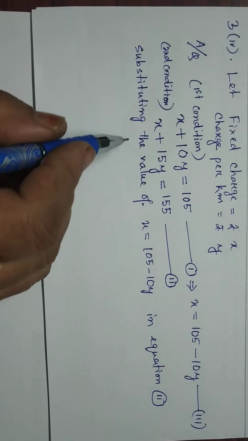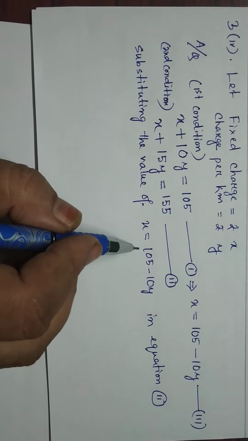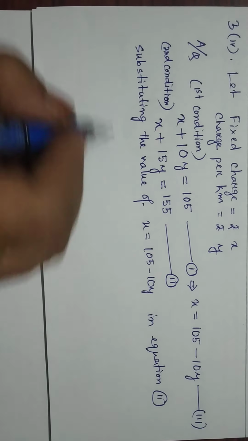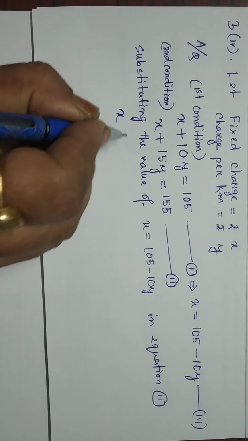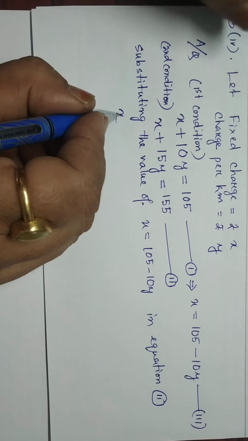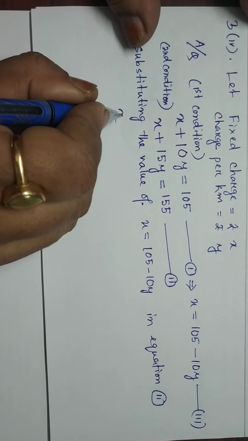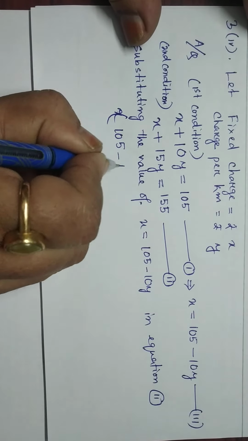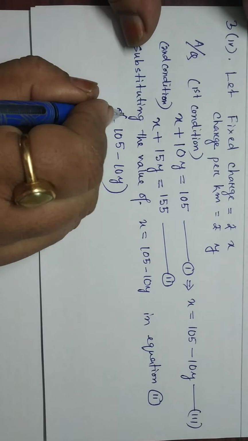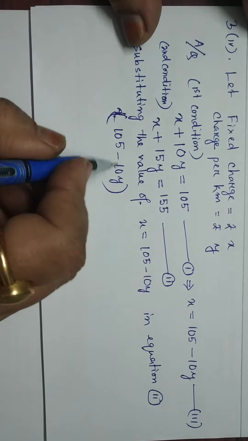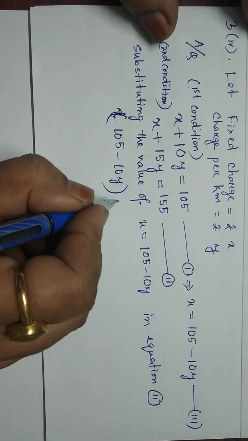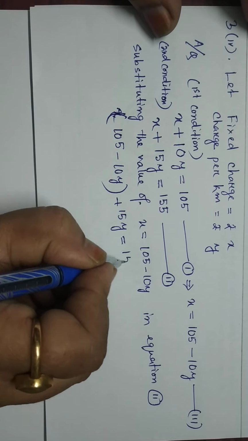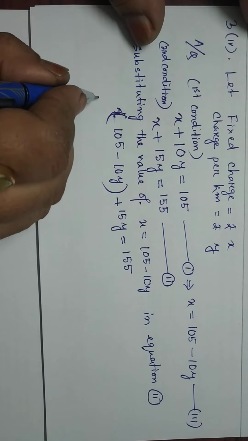That's why we have to put the value of X in equation number 2. Now when we put the X value, in place of X we write 105 minus 10Y plus 15Y is equal to 155.